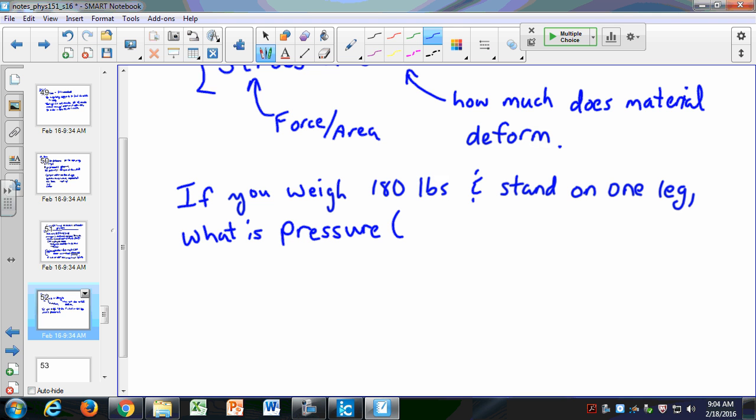Or particularly, what is the stress on your knee joint? And the area of your knee joint is approximately half a square inch.